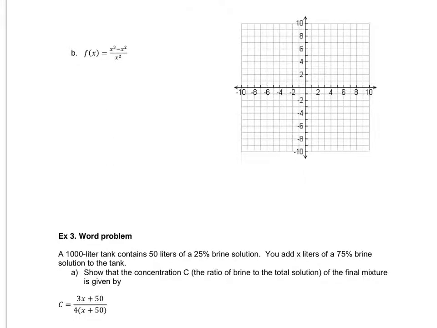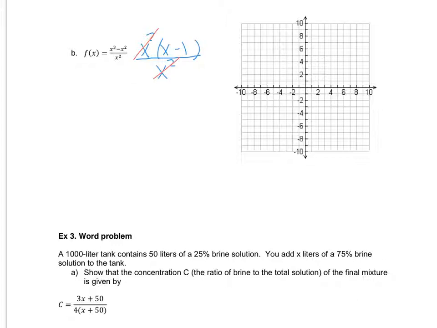Okay, so if I were to factor the top here, I notice I have an x squared in common. So I'm going to pull that to the front, and that's going to leave me with x minus 1. Now on the bottom, I have an x squared. So what do you notice is going to happen here? My x squareds are going to cancel.